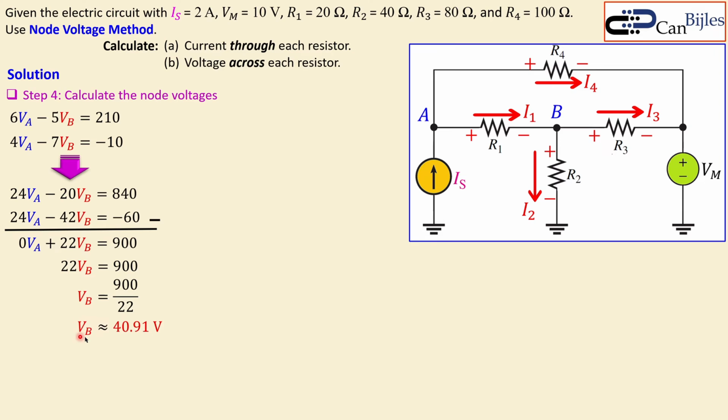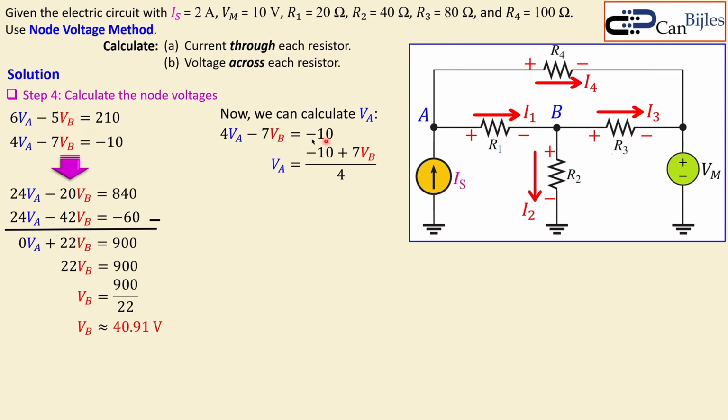Now, since I know VB, I can use this equation or that equation to calculate VA. So we can now calculate VA, and I use this equation. You can also use the other, no problem. So I can now use this equation and substitute in 40.91. Let's express VA in terms of VB first.